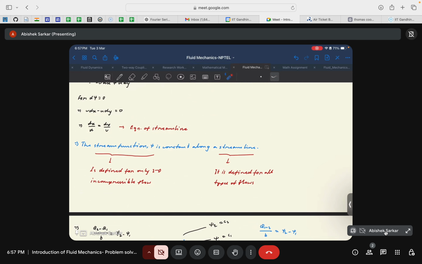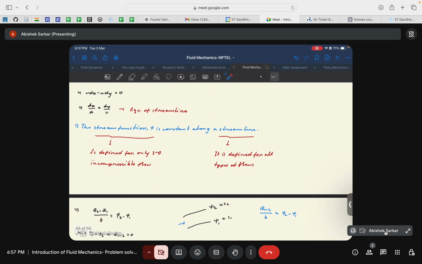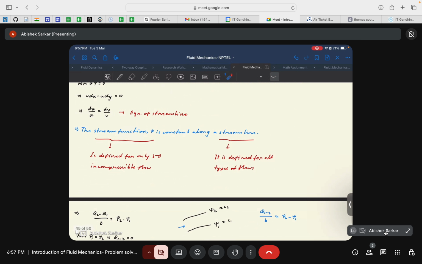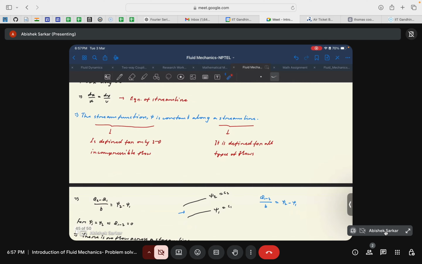Though they are not the same, there is a very subtle relationship between them that helps us to correlate them. So the stream function ψ is constant along a streamline. The difference being that stream functions are defined only for 2D incompressible flows, and a streamline is defined for all types of flows.